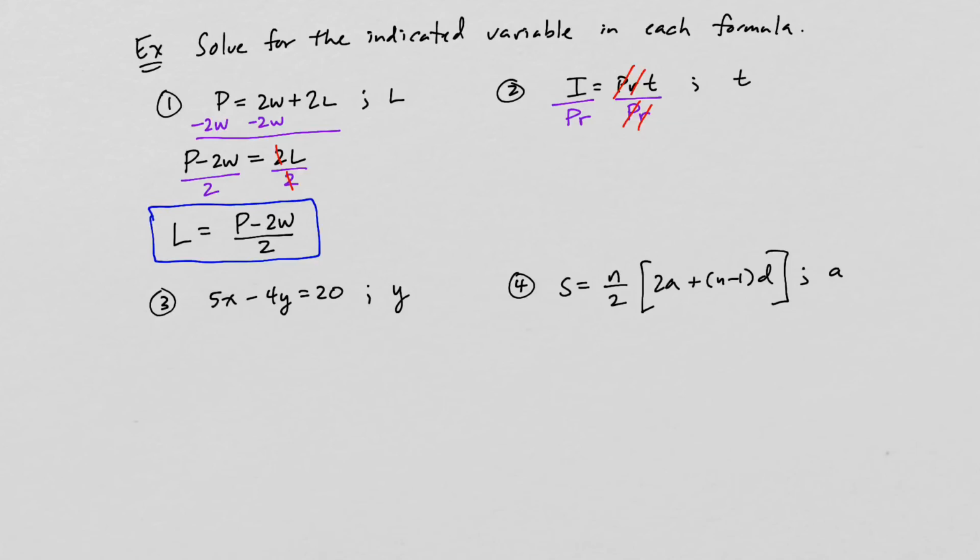And this will give us I over PR is equal to T. And so again, that's the answer, but get in the habit of writing your formula with the variable that you want to solve for on the left-hand side.